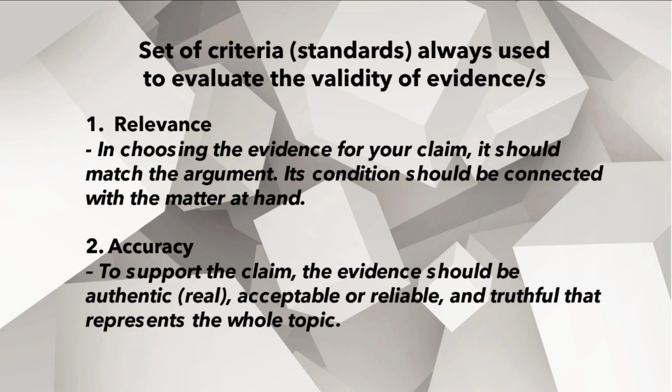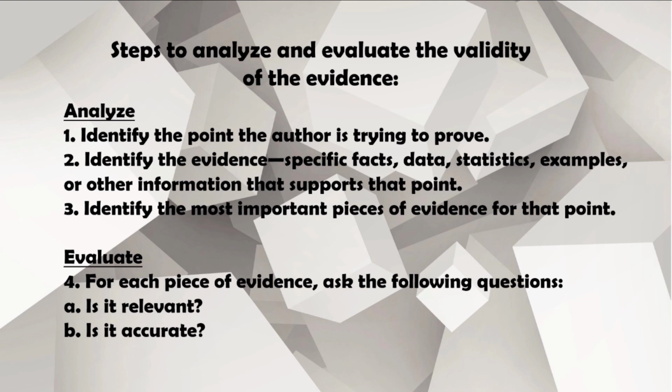Second is accuracy. To support the claim, the evidence should be authentic, or real. It's acceptable or reliable and truthful, and represents the whole topic. And for us to analyze and evaluate the validity of the evidence, we have these steps as well.